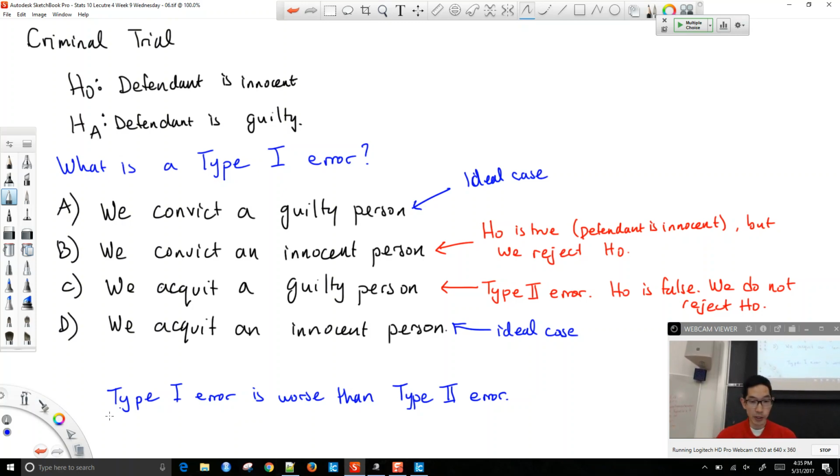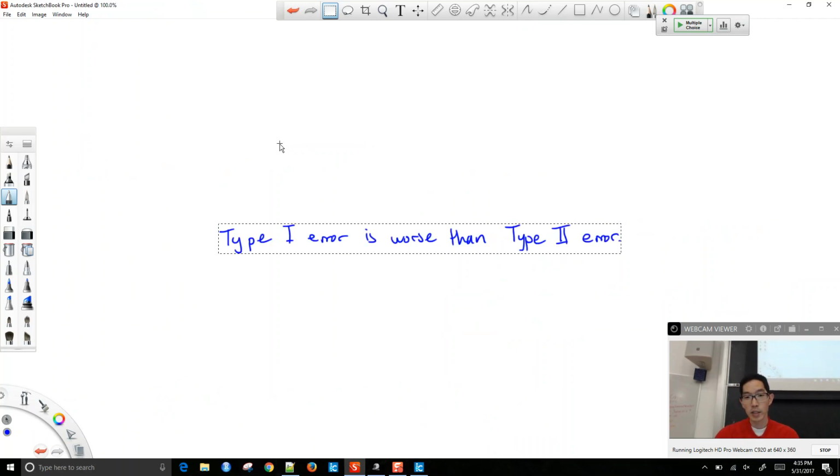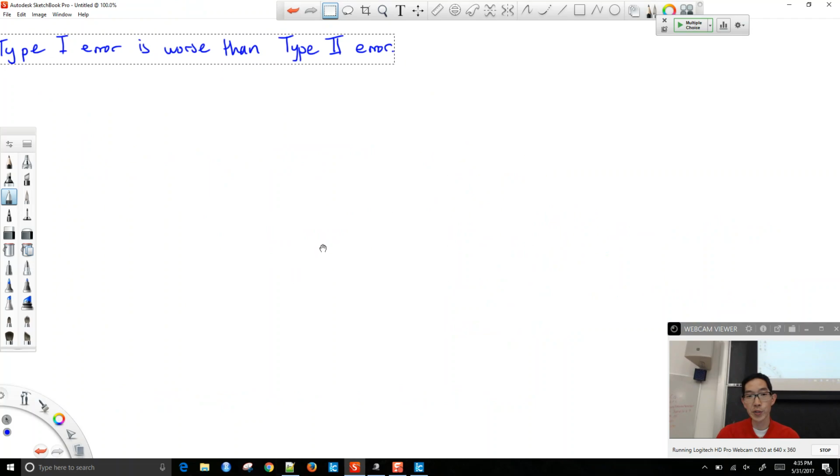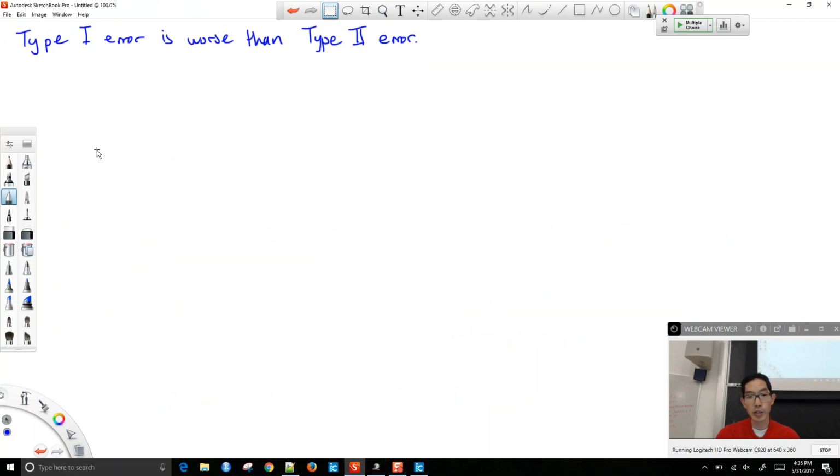Okay, so if this is the scenario, here's your second clicker question. If the type 1 error is worse than the type 2 error, here's the question. Do we want to use a large or a small alpha?